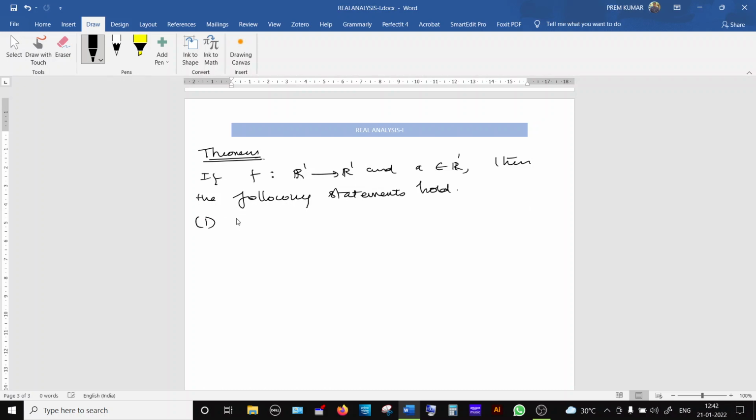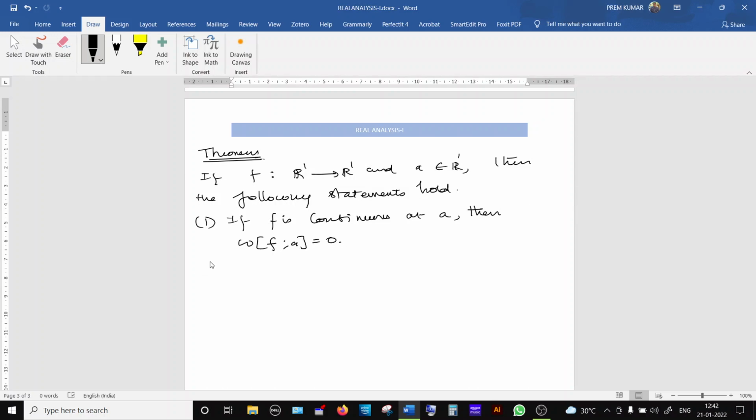First one, if f is continuous at A, then the oscillation of f at the point A must be zero.